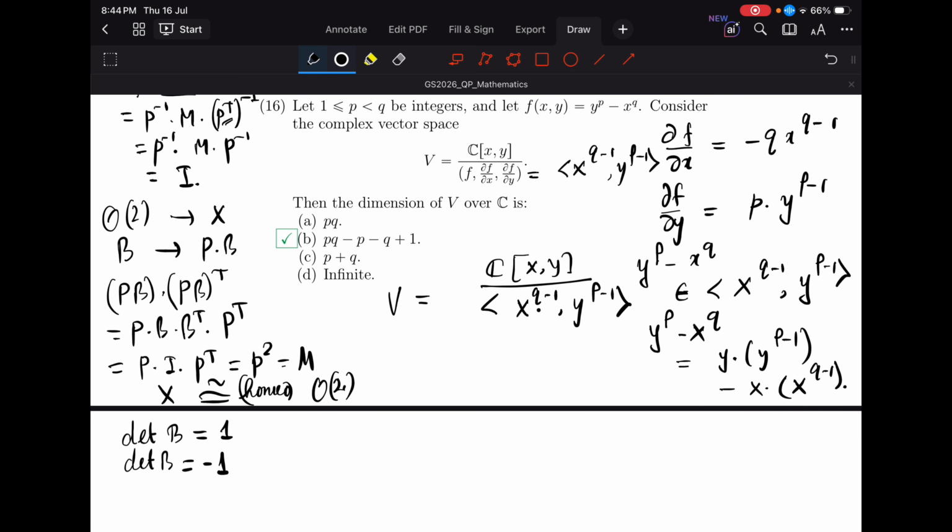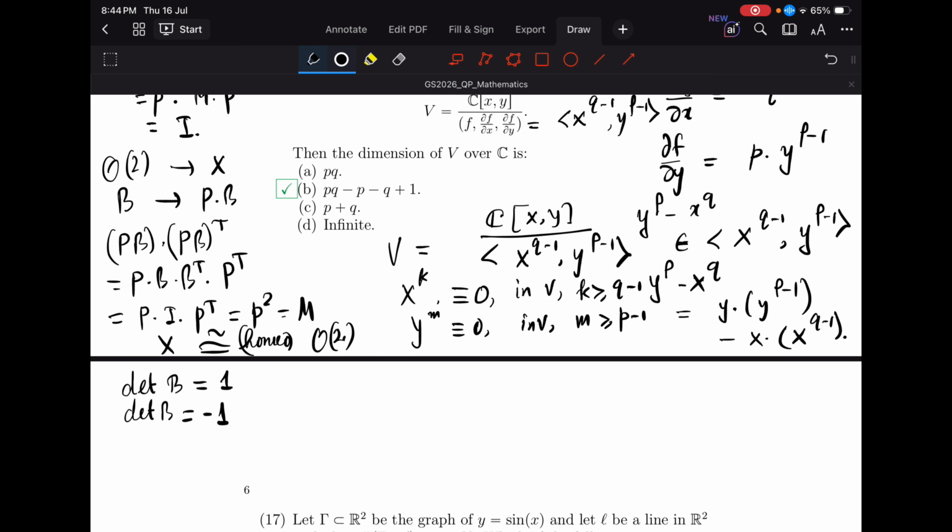So in this vector space, x to the power k is treated as equivalent to 0 for k greater than or equal to q minus 1, and y to the power m is equivalent to 0 for all m greater than or equal to p minus 1.